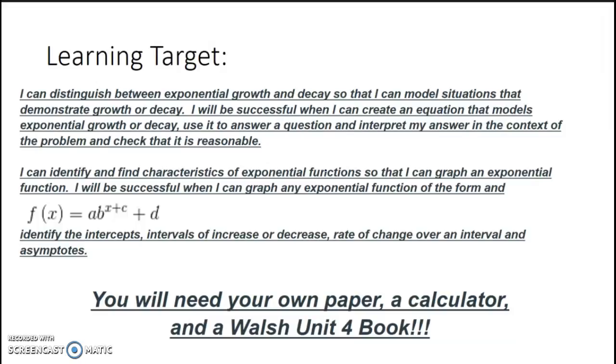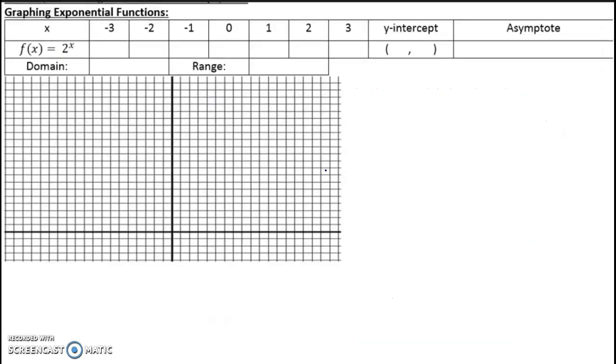All right, so we've got a new learning target today. We're going to start the graphs. All right, my exponential function is y equals 2 to the x power. And I plug in -3. That gives me 2 to the -3rd.